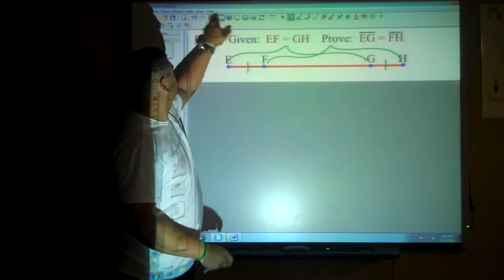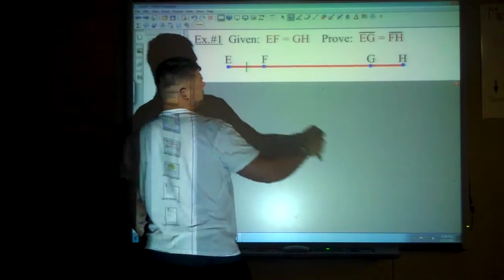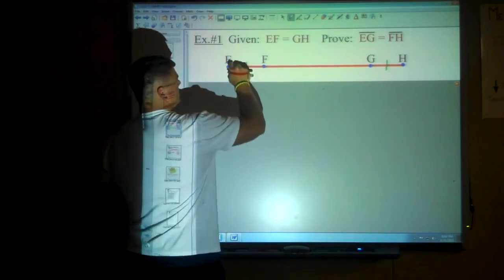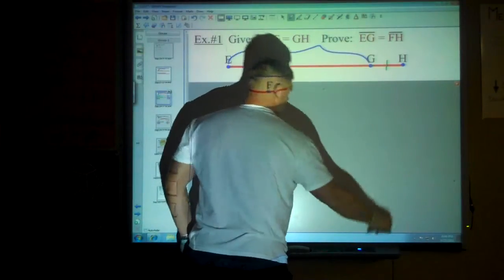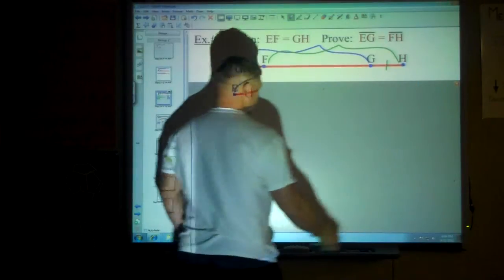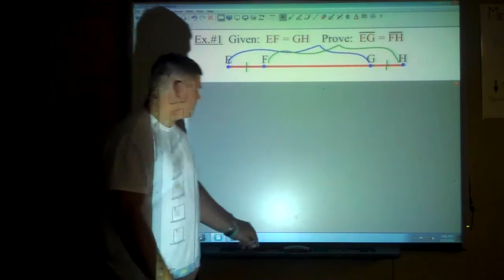Now it's the other way, and we're saying that EF, which is here, is congruent to GH here. Can we then prove that E to G is the same as F to H? So it's just the other way of what we were doing last time.